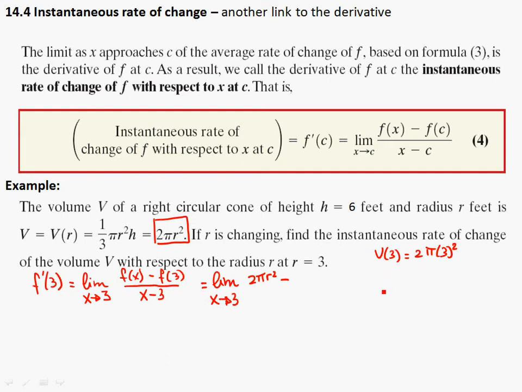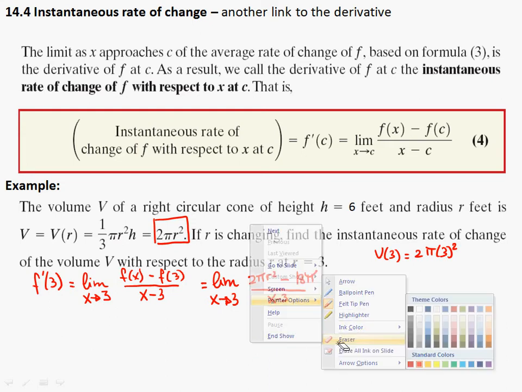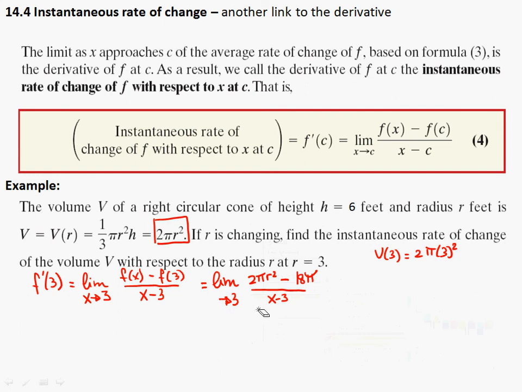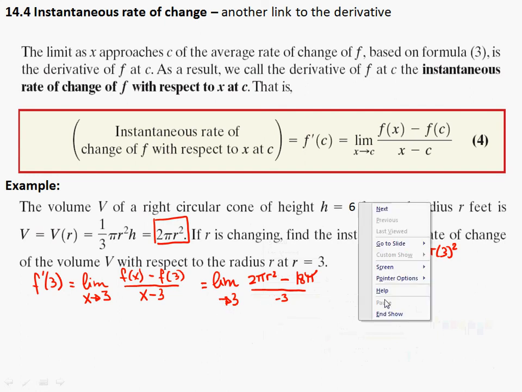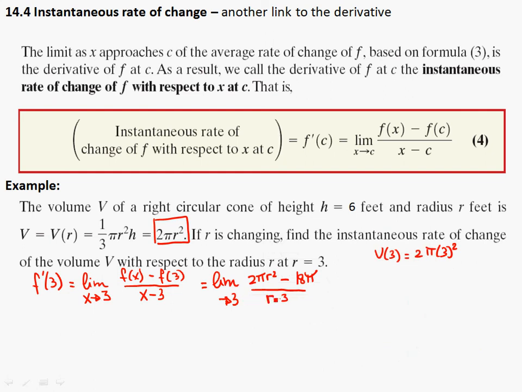So we're going to subtract 18 pi from that, and divide all of that by x minus 3. But x is actually r, so we should probably erase this x and write it with r's, because we're actually interested in the variable r. So you have to identify your x's and your f of x's a little bit in context.